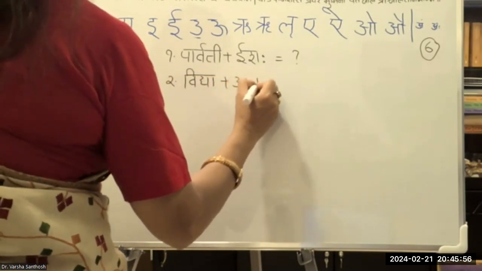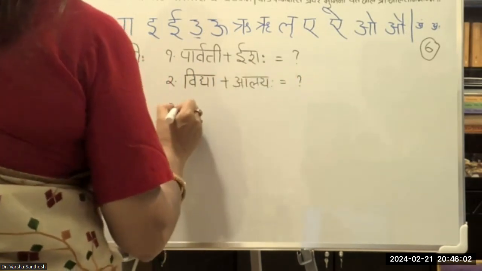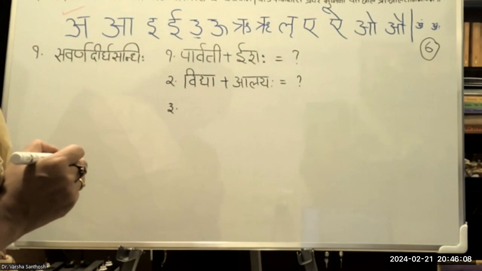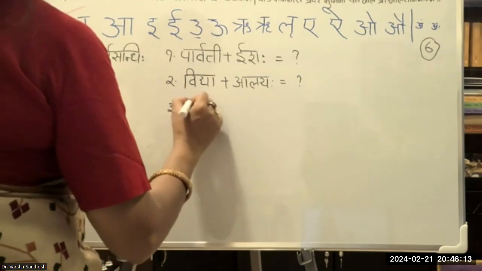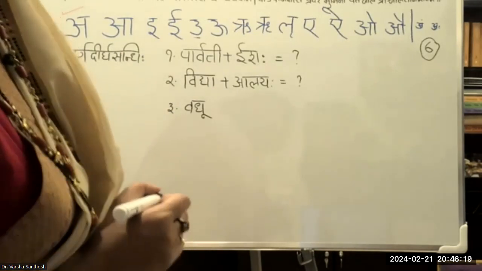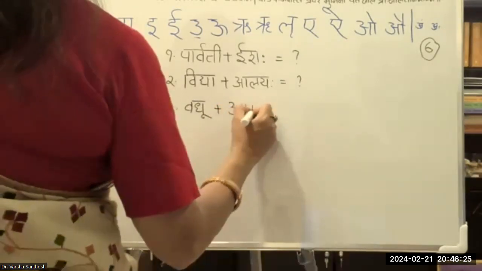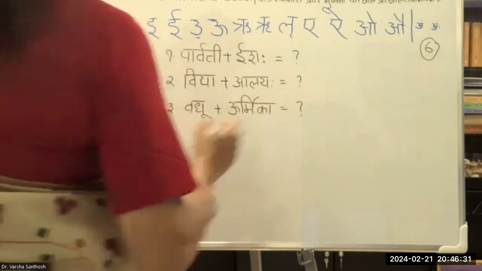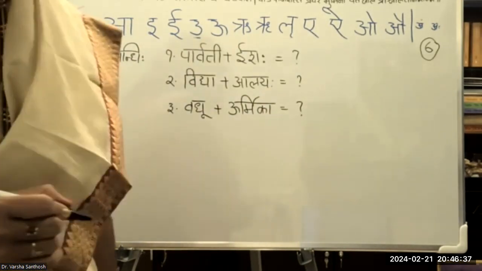Vidya plus Alaya. Vadhu plus Urmika. Urmika is ring. Vadhu is a bride.